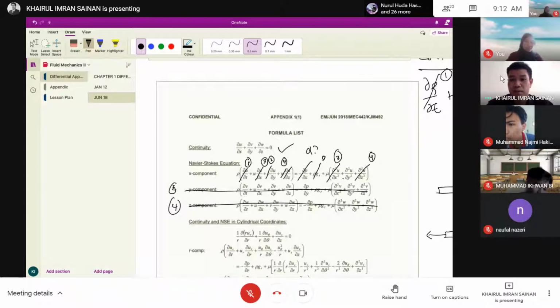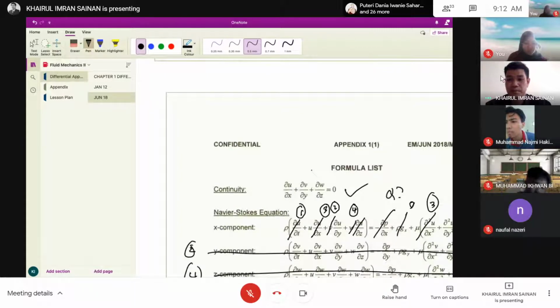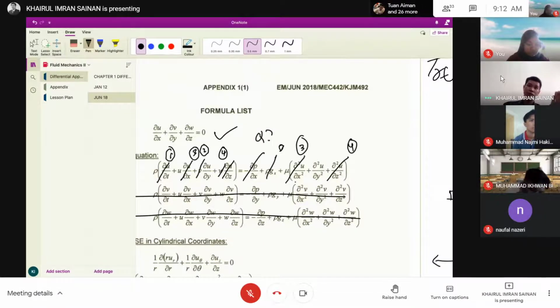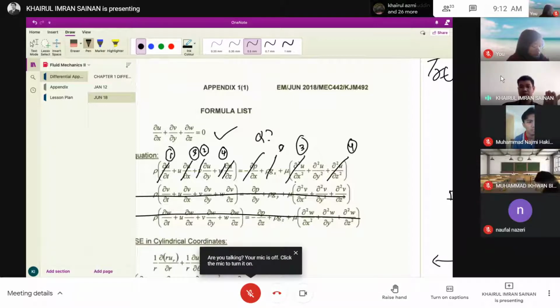Okay. Next we go to the shearing term, the second order of shearing. So you have mu del squared u over del x squared. I cancel it out due to number 3: del u over del x equals 0, fully developed laminar flow. Del squared u over del y squared, I cannot cancel out because that is our problem.